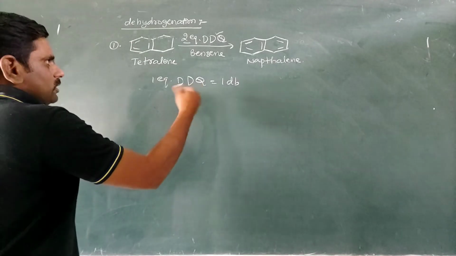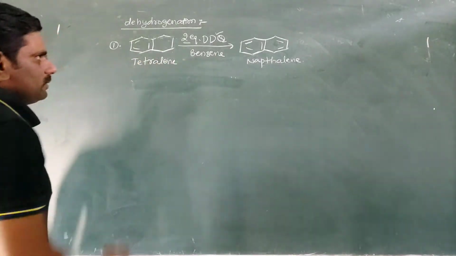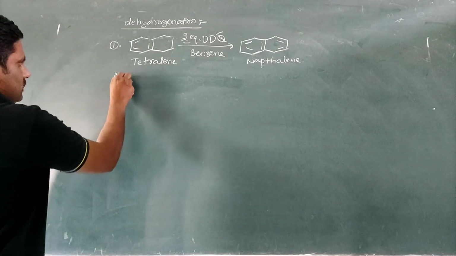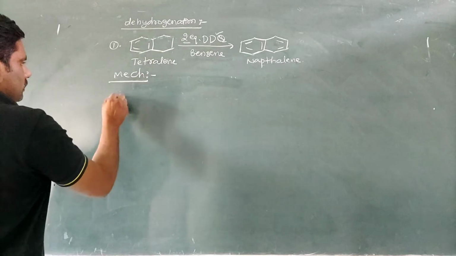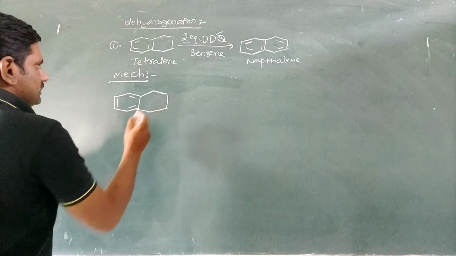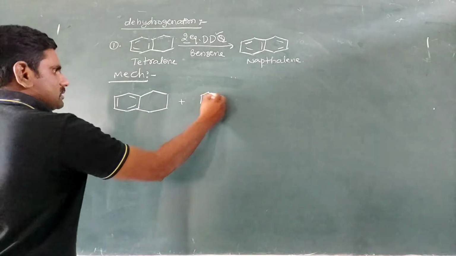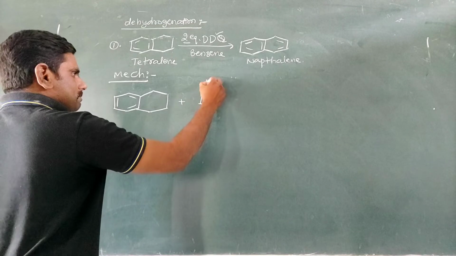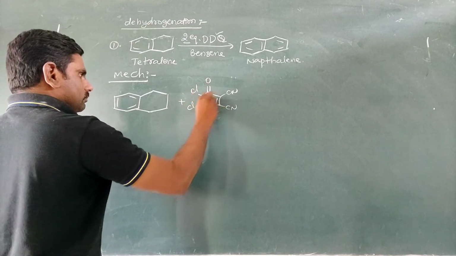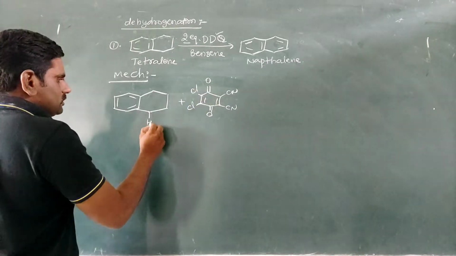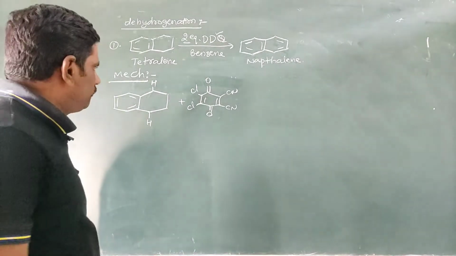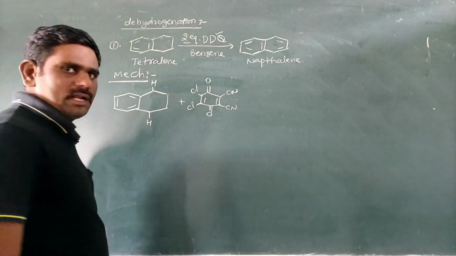So, I am going to explain the mechanism. Observe the mechanism very carefully. How I write, you also practice in this way. Mechanism. So, it is a tetraline molecule. You know the structure of DDQ. DDQ especially abstracts hydrogen from a benzylic position or allylic position.